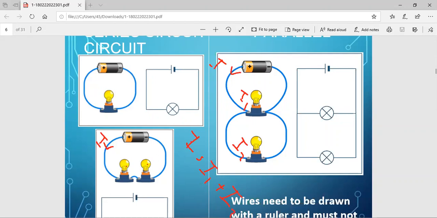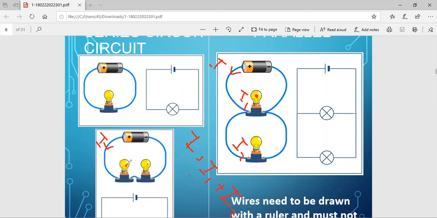So how can we translate this into the parallel circuit? The intensity of the light in this source will be lower than the intensity of the light in this source.